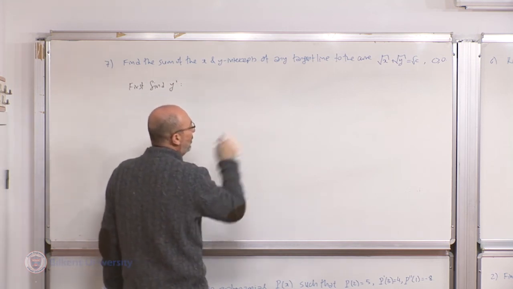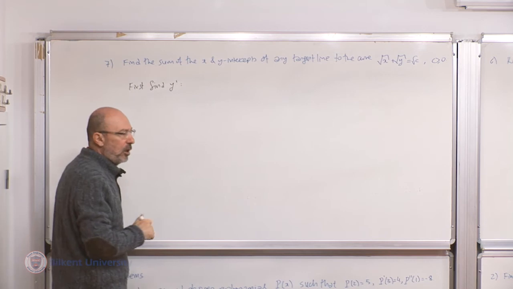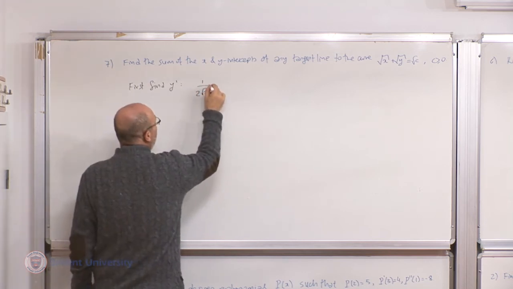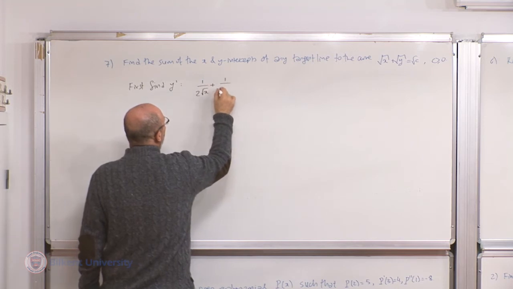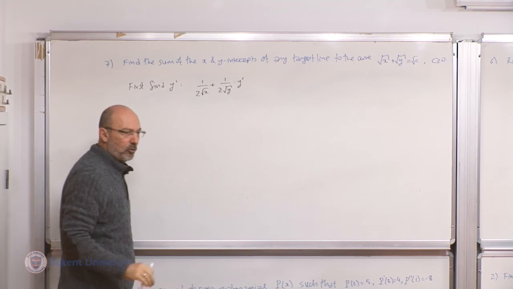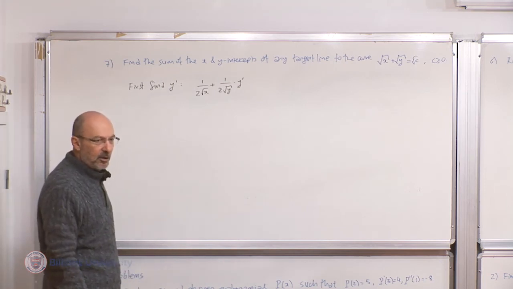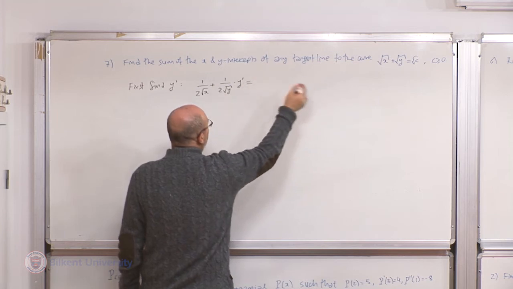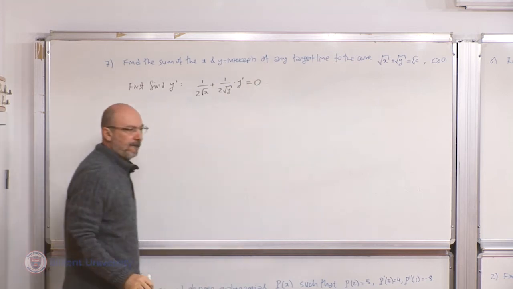Let's find y prime. The derivative of square root x is 1 over 2 square root x, plus 1 over 2 square root y times y prime, chain rule. Implicit differentiation together with chain rule equals the derivative of c, which is 0.